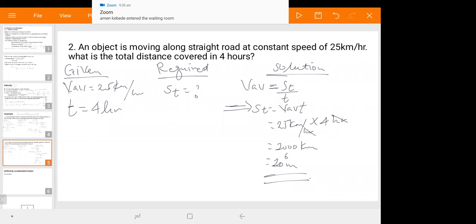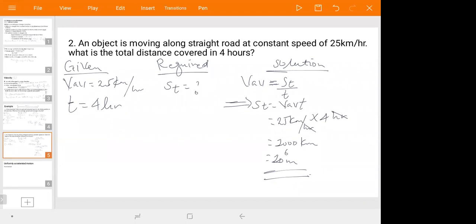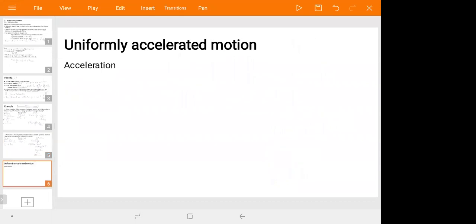Therefore, in uniformly accelerated motion, acceleration is constant. Before we see uniformly accelerated motion, what does acceleration mean? Acceleration is the time rate of change of velocity. What does rate mean?